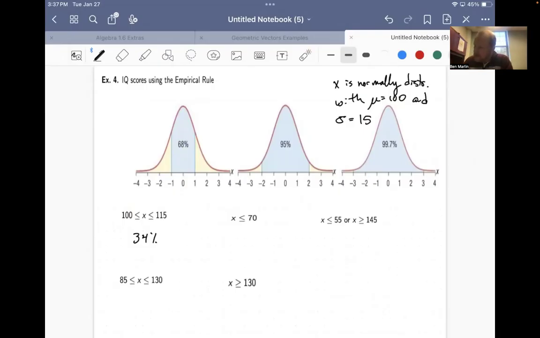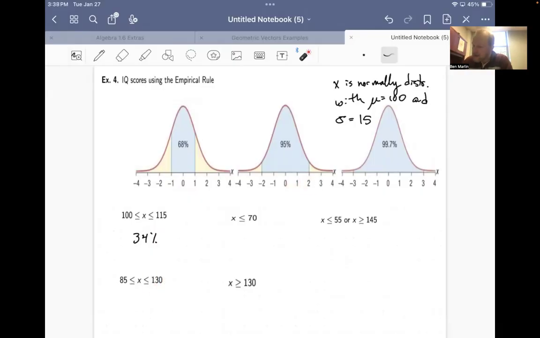Then we ask, what percent of the population is between 85 and 130? Remembering again that the center is 100, 85 is one standard deviation below, and 115 is one standard deviation above. Two standard deviations above would be this 130.